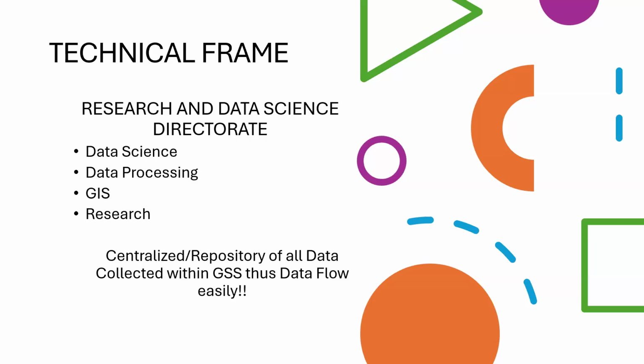An additional leverage is that staff within this directorate also get to learn what is going on in other units within the directorate. So if I'm playing much more of a role in data science, I'm much more connected to data processing, to GIS, and to the research. I would say the research unit has not been too highly functional, but the three units fall under this Thinker framework that we used to work along with.